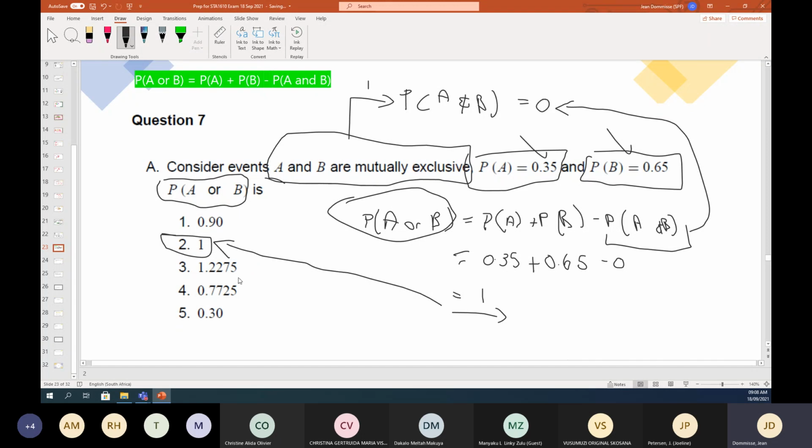So in this one, they basically didn't tell us what mutually exclusive means. So you need to remember from your formulas that mutually exclusive means the AND is 0. So when we work that out, that part is 0, and we actually just add the first 2. Okay, so that's mutually exclusive.